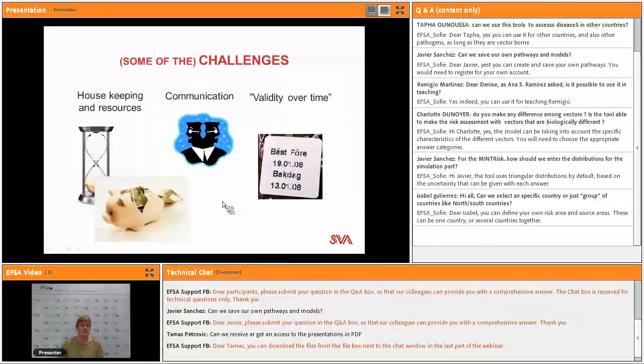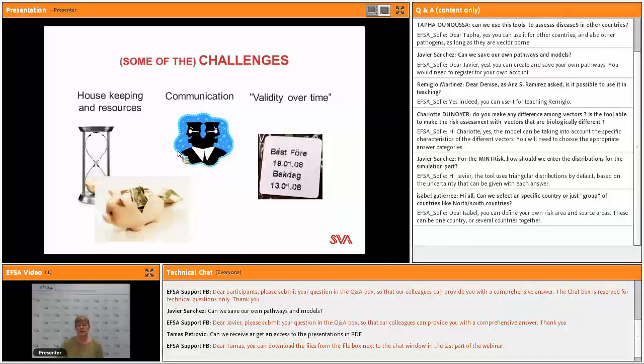And finally, some of the challenges with this work and this tool are, of course, that you have to have the resources to use it when something happens. You have to be able to communicate the level of probability, because it's not always the case that people understand what you mean by low, even if you give an interpretation.